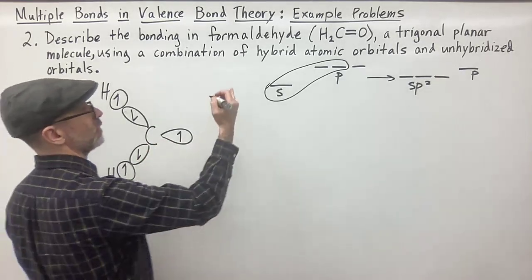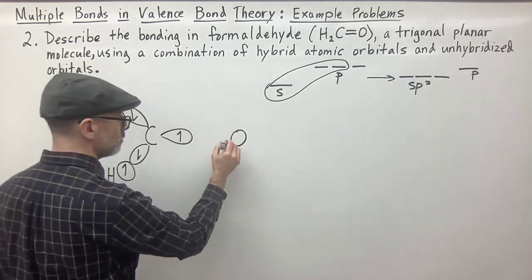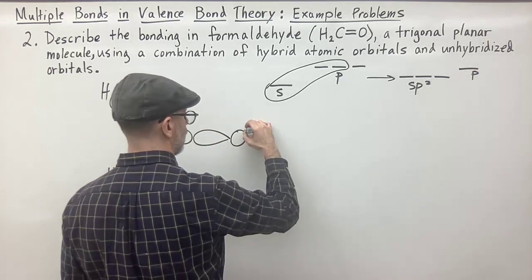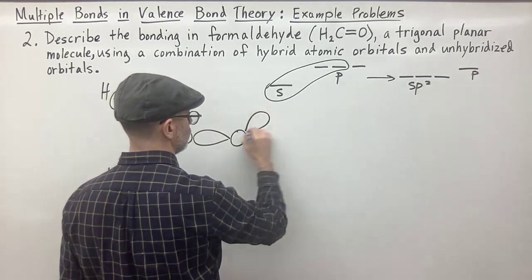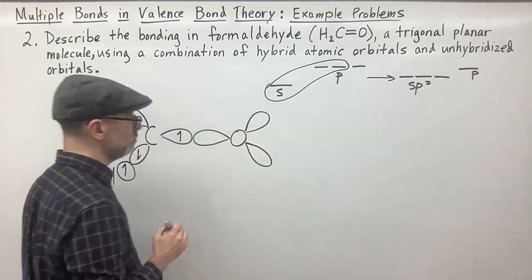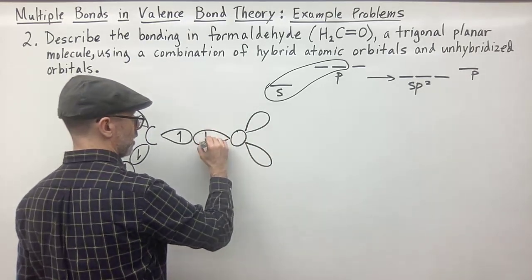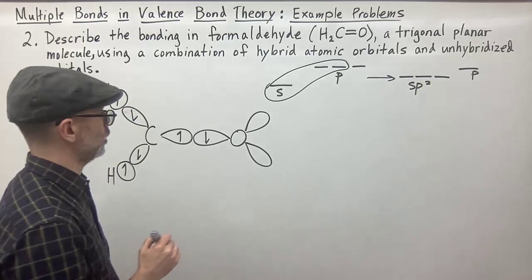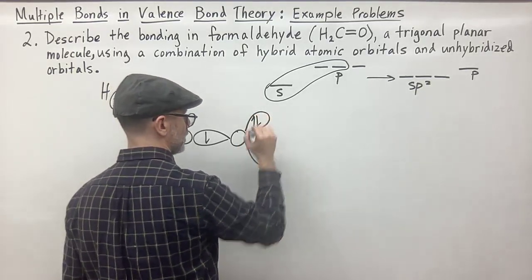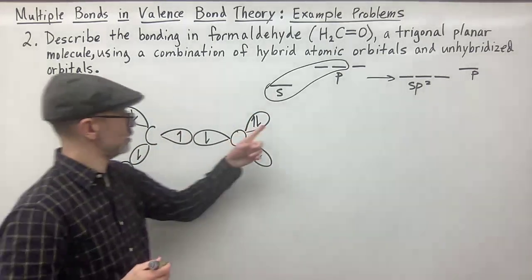carbon overlapping with oxygen. So we're going to have oxygen here, and that's going to have three sp2 hybridized orbitals on the oxygen. This one's going to have an unpaired electron, a single electron, and this is going to have the lone pairs. So we have spin up, spin down, spin up, spin down. So we have the two lone pairs on the oxygen.